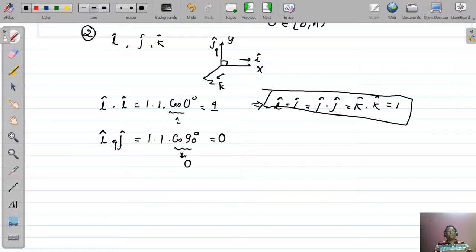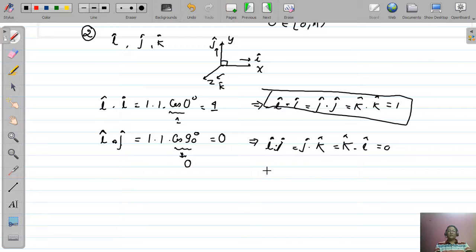Similarly, for two unit vectors which are not the same, their dot product will be 0 because the angle between them is 90 degrees. This implies that we can write i dot j equal to j dot k equal to k dot i equal to 0.